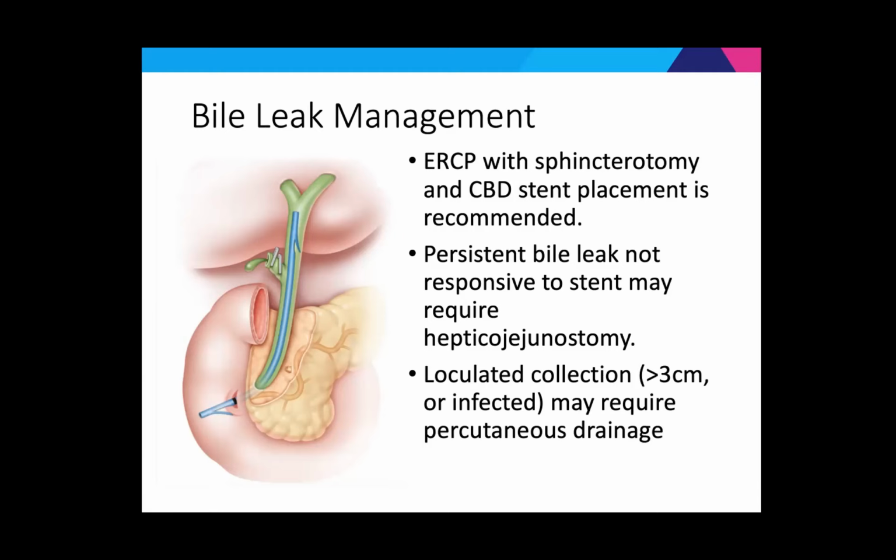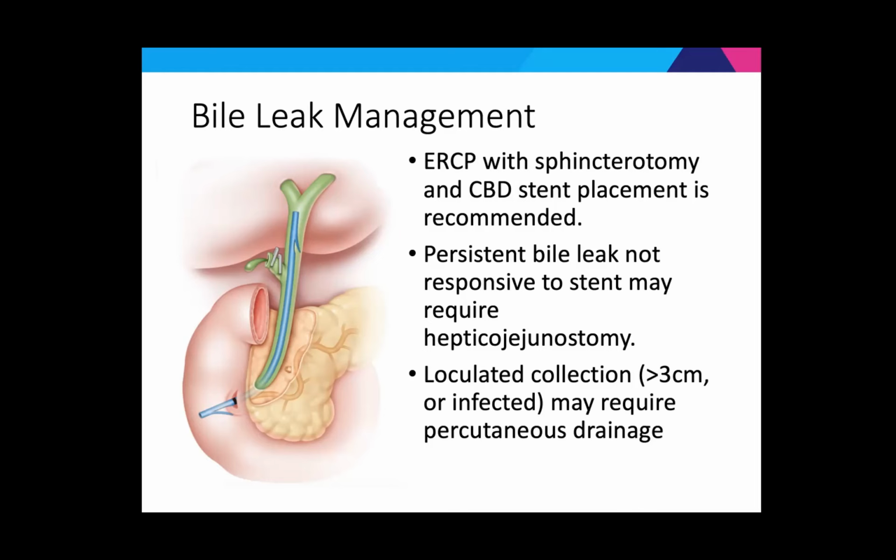This is the natural pathway of bile. Bile will always want to flow to the path of least resistance. So by giving it a stent and a sphincterotomy, you are promoting bile flow into the duodenum and away from the peritoneum, from the leakage. Most patients will respond to this nicely.